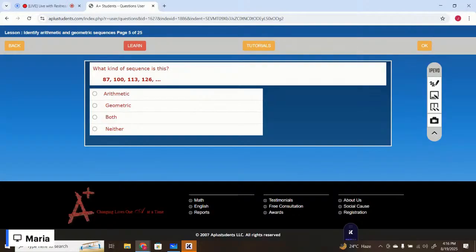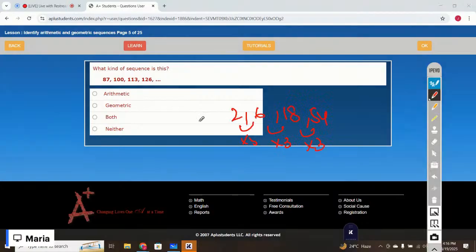So which is the correct option? 87 plus 13 is 100. 100 plus 13 is 113. 113 plus 13 is 126.